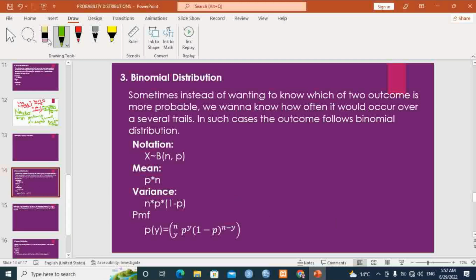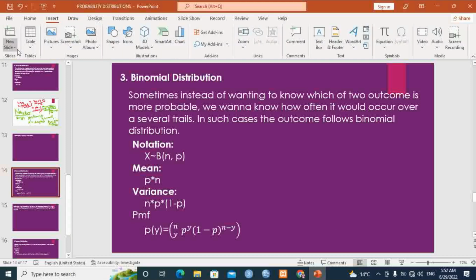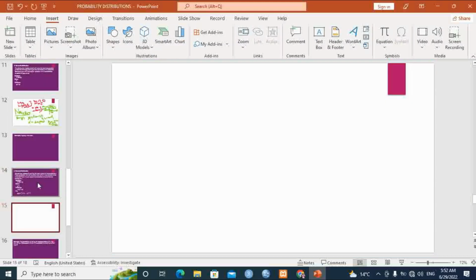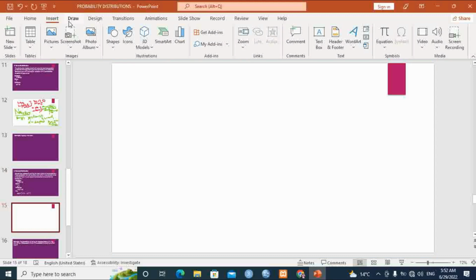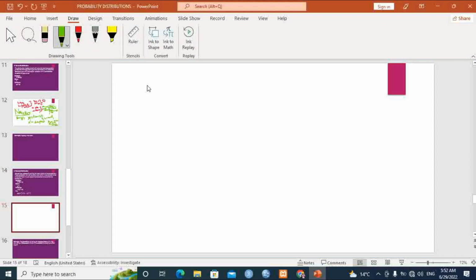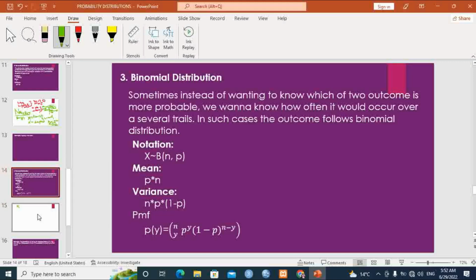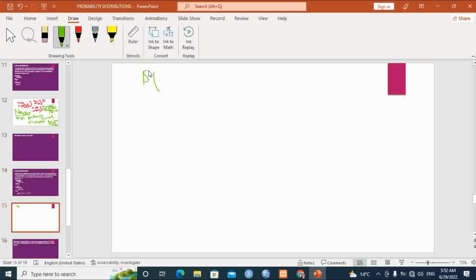Let's look at the basics of binomial distribution. The notation for binomial distribution is B of n, p.